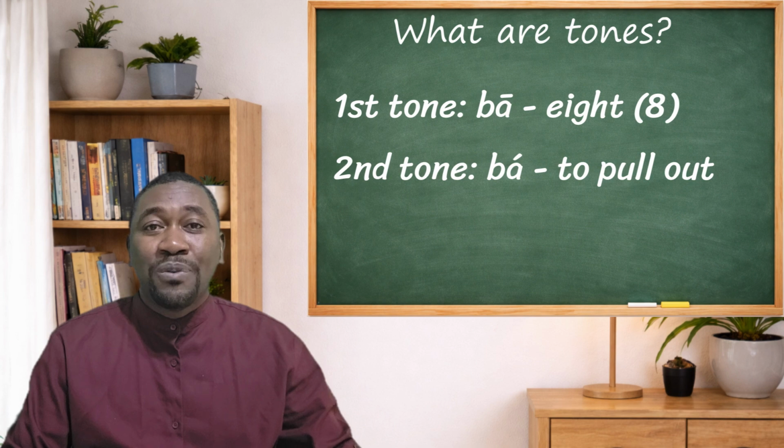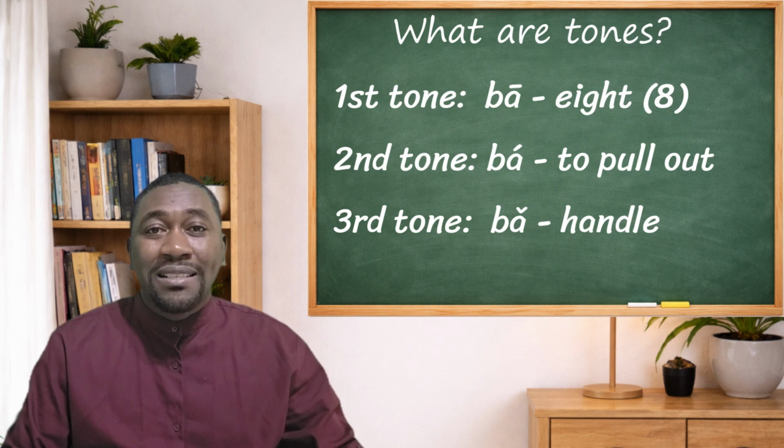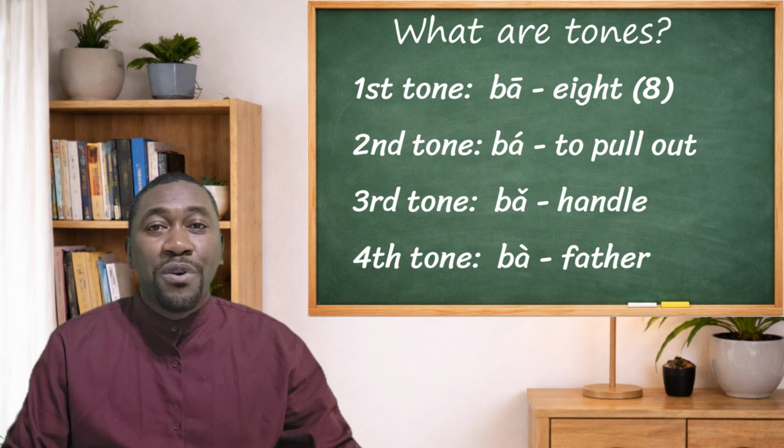For the second tone, ba, that means to pull out, like pulling out a carrot from the ground. For the third tone, ba, that means handle, like a door handle. And for the fourth tone, we have ba, which refers to father.